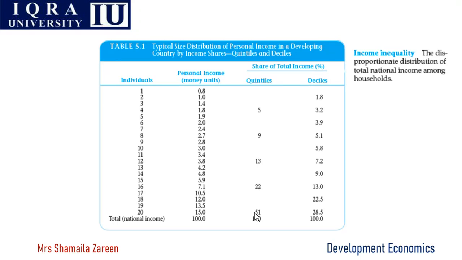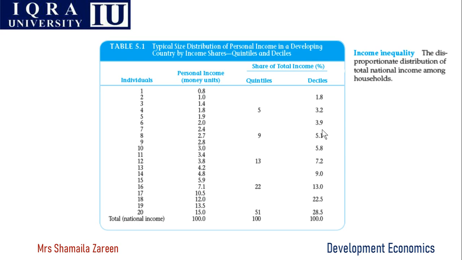In our example, this inequality ratio is equal to 51 divided by 14. 9 plus 5, you will get 14. That is approximately 3.64. To provide a more detailed breakdown of the size distribution of income, decile, that is 10% shares, are listed in column 4.